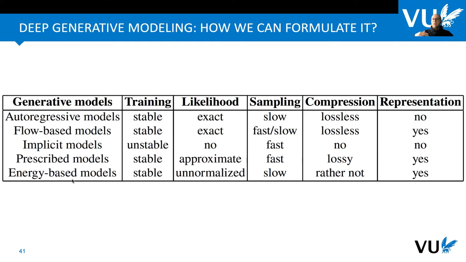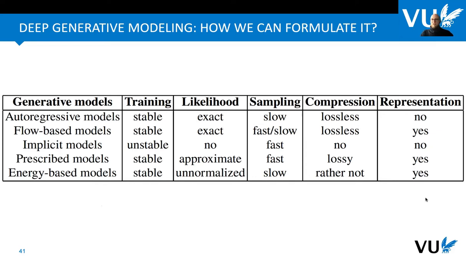We have only the unnormalized one, so we need to use some kind of sampling procedures. For compression, it's rather not very useful. However, as I said, you can probably find a paper or two that can do something with energy-based models. And for representation learning, definitely we can use them, like the first models, like restricted Boltzmann machines, right?